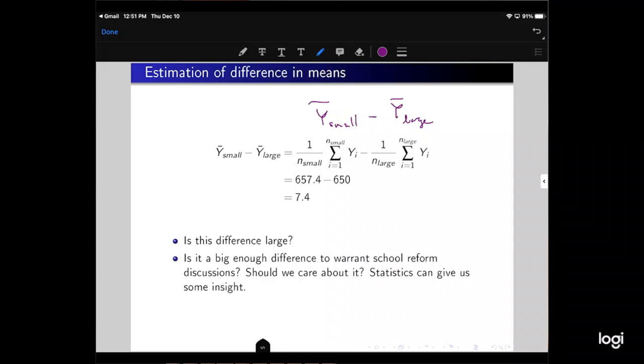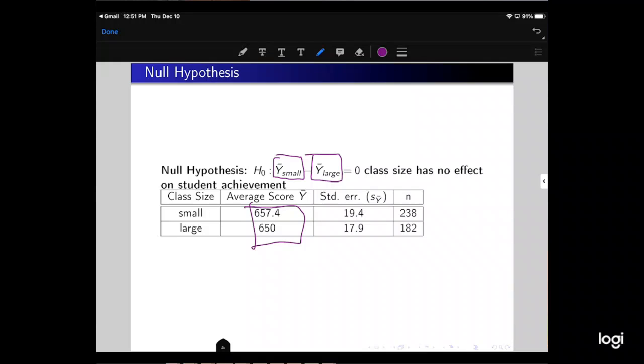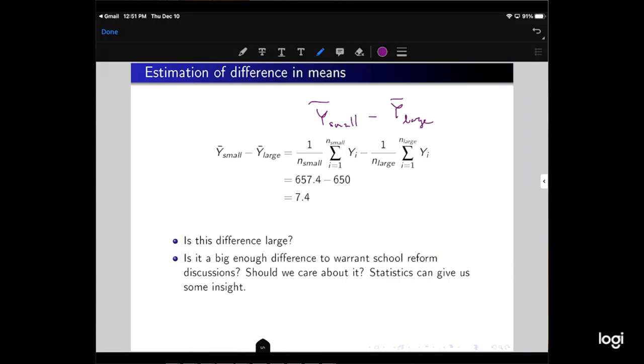And then we're taking these and plugging in their definitions. So y bar small is 1 over n small of the sum of i equals 1 to n small of yi. And then y bar large is 1 over n large times the sum of i equals 1 to n large of yi. From the previous table, they just gave us these values, 657.4 and 650. So we subtract them and we get a difference of 7.4.